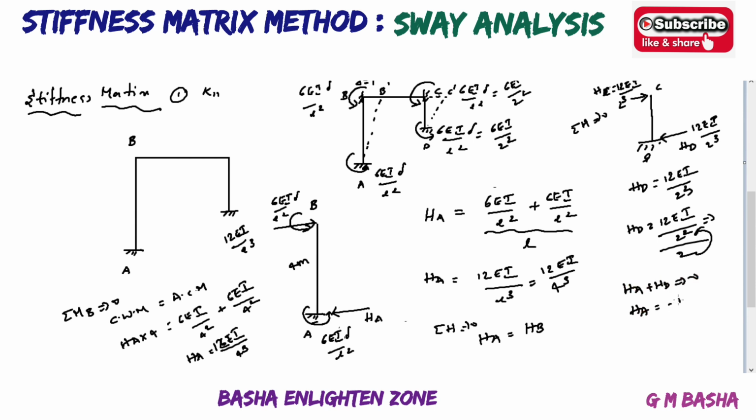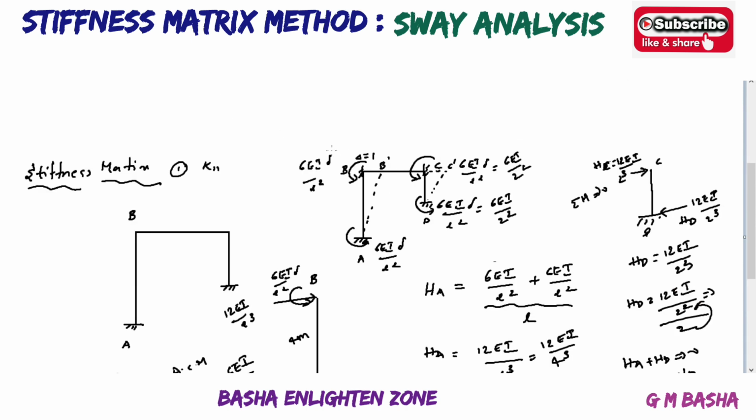HC will be equal to minus HD. So HC will be equal to 12 EI by 2 cube, and HD will be equal to 12 EI by 2 cube. So a negative will be there. Therefore, one will be acting towards left, the other towards right. Okay. So these are the forces which are acting due to the sway.